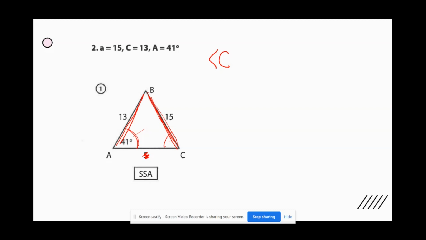For this, I set up sine C over 13 equals sine 41 over 15. We solve it, and I end up getting angle C is 35 degrees. So notice there is at least one triangle. Now we just don't know if there's one or two triangles.